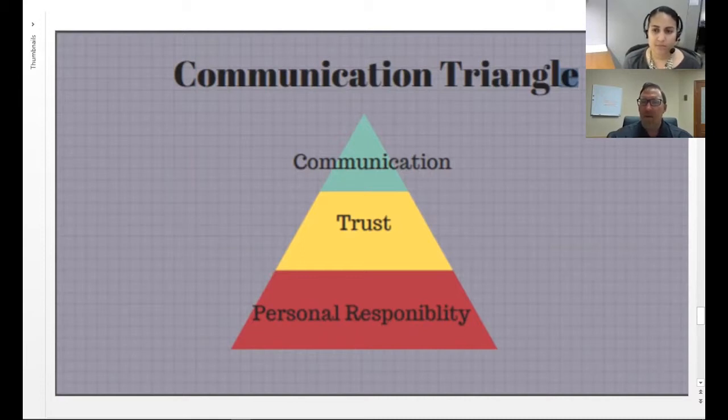One of the first things I talked about in this triangle at the bottom is personal responsibility. To me, so much about effective communication is taking responsibility and owning your own stuff. When I talked about what our corporate culture is, this is a big part of it: if I don't understand something or I'm confused, it's on me to figure it out or talk to the right person.